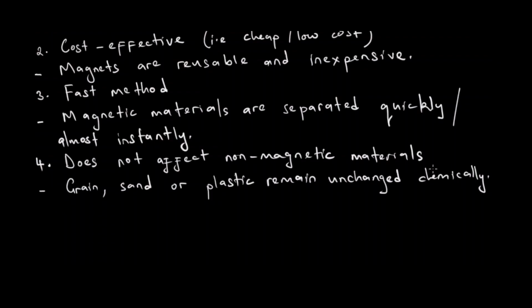Then, since it does not change the chemical composition, another advantage here is that no chemicals are needed. There is no chemical needed here; you just take the magnet and the process starts. So because no chemical is needed, it is safe and environmentally friendly.